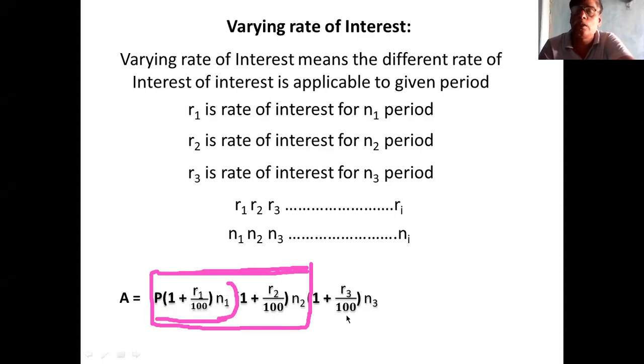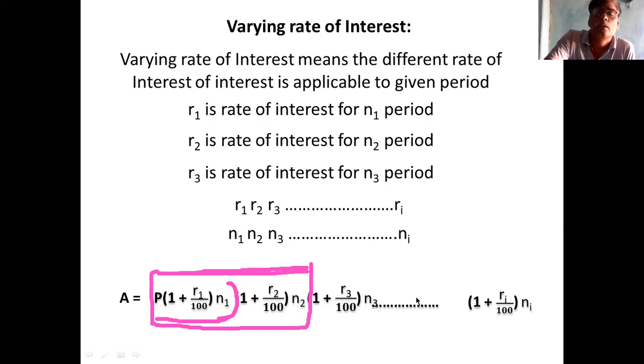If you take the value, the total value is called the amount for the third period, and so on. The last period is 1 plus Ri divided by 100 raised to Ni. Ni means the last period.